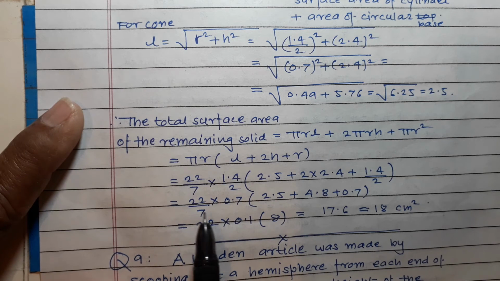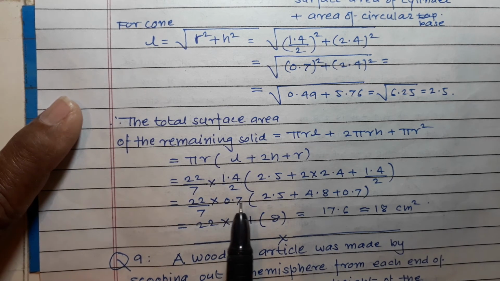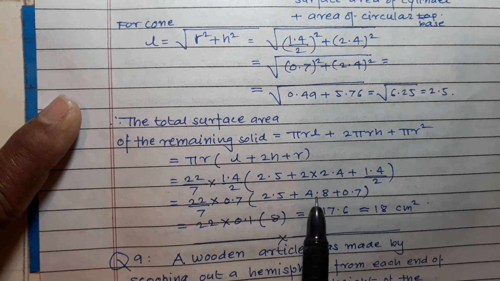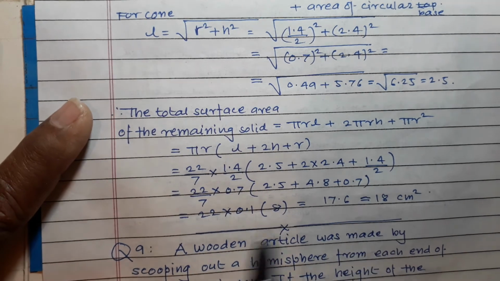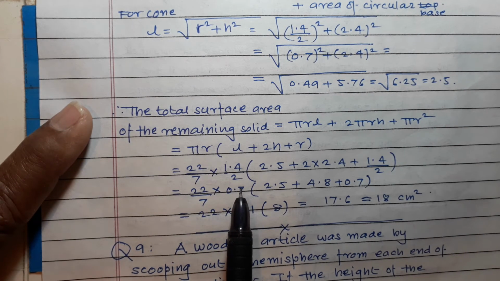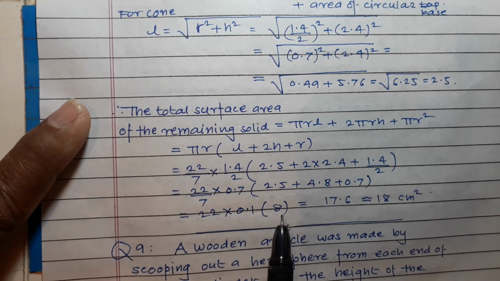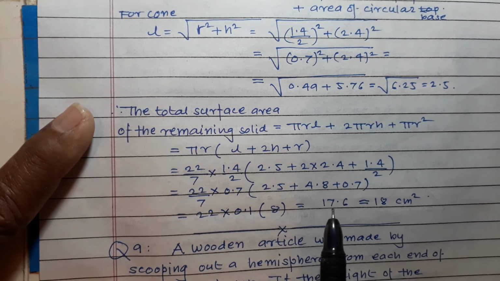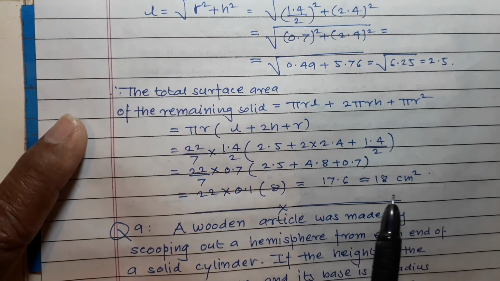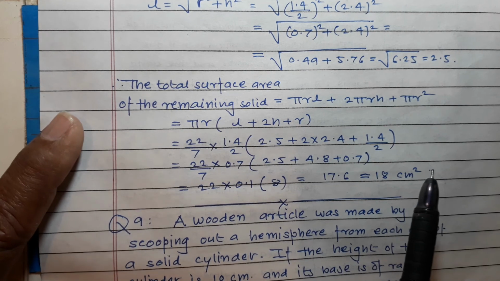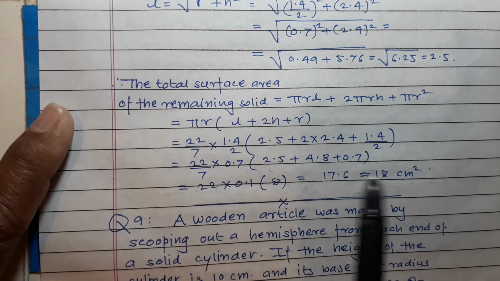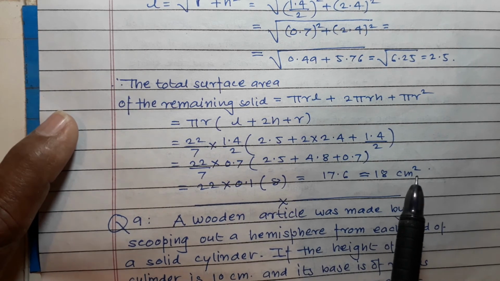Simplify: 22 upon 7 into 0.7 into bracket 2.5 plus 4.8 plus 0.7, equal to 22 into 0.1. This and this is divisible. 0.1 into 8 is equal to 17.6, approximately, nearest, it is 18 centimeters square, and therefore total surface area of the remaining solid is equal to 18 cm square.